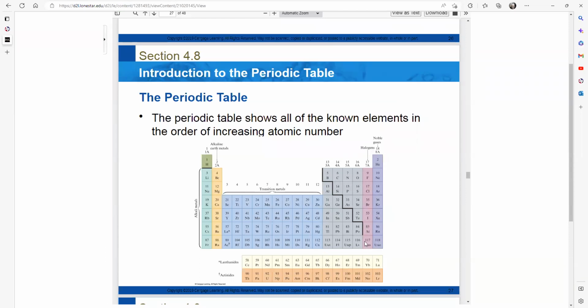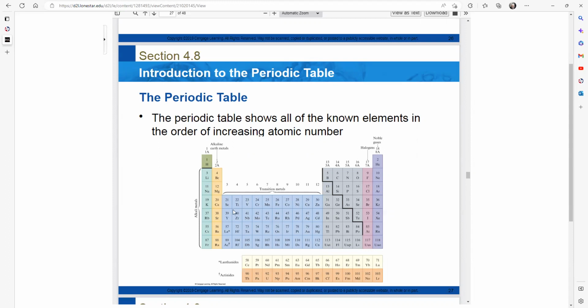Group 7 are known as halogens, and group 1 are the alkali metals, and group 2A are the alkaline earth metals. Groups 1A, 2A, 3A until 8A are what we call the family of the representative elements.